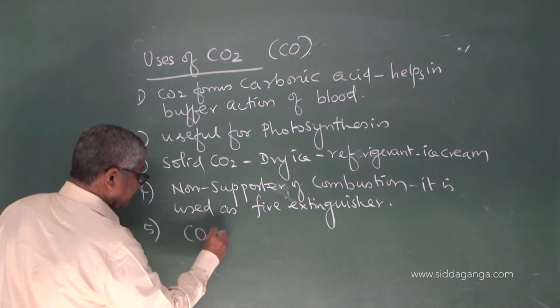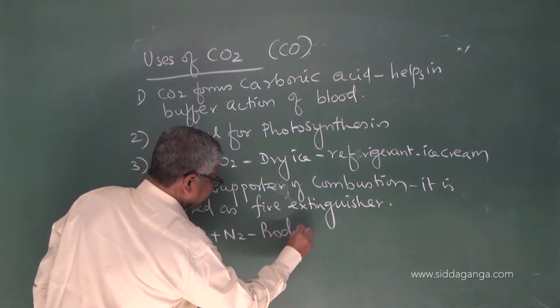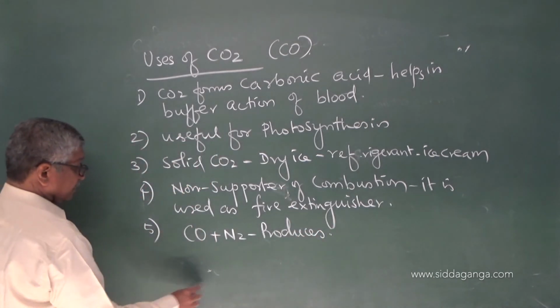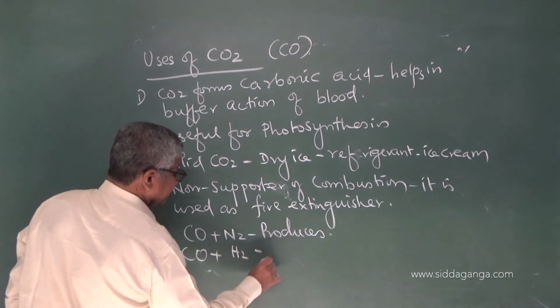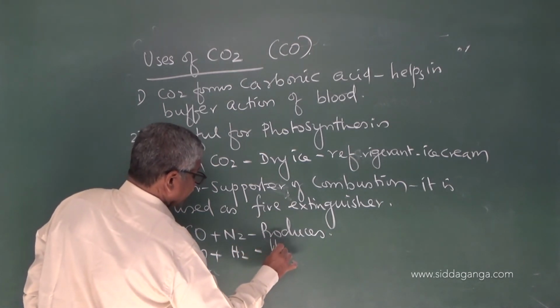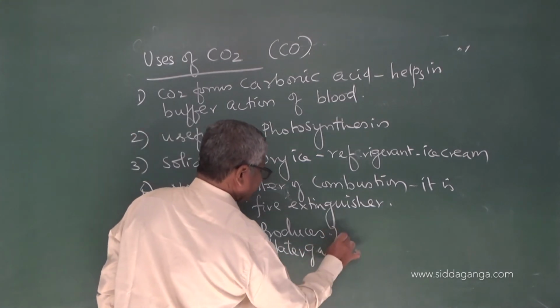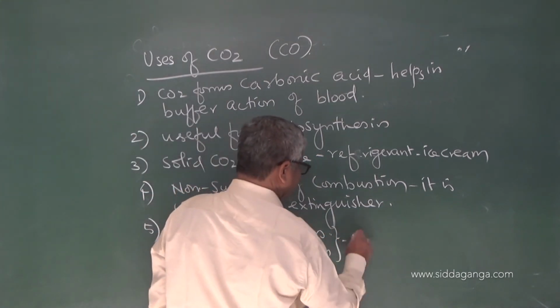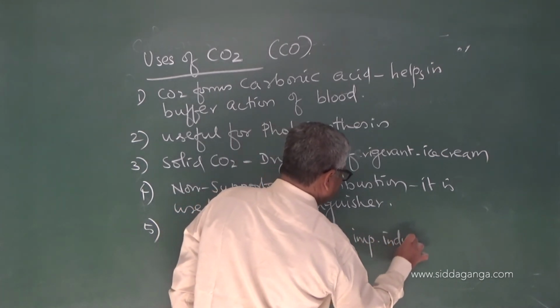Mixture of carbon monoxide and nitrogen is called producer gas. Mixture of carbon monoxide and hydrogen is called water gas. Both producer gas and water gas are used as important industrial fuel.